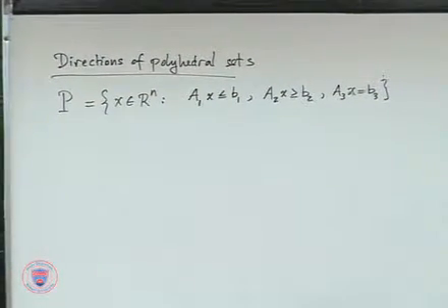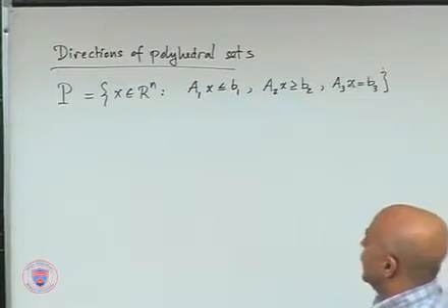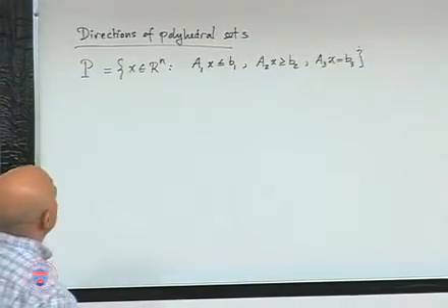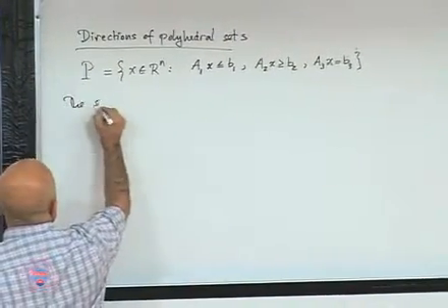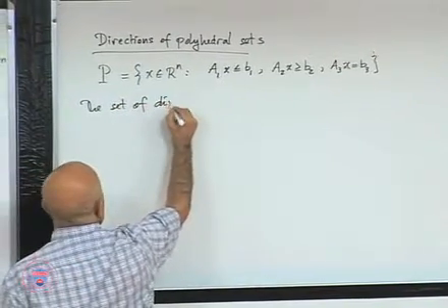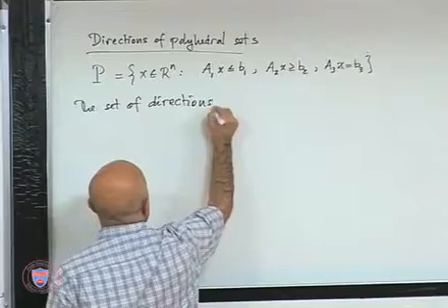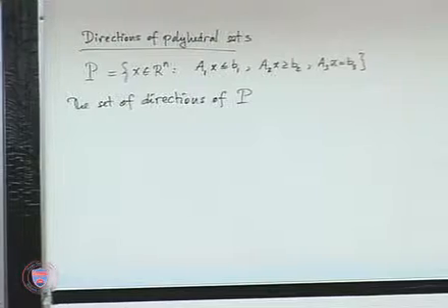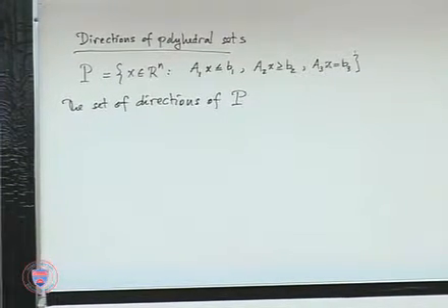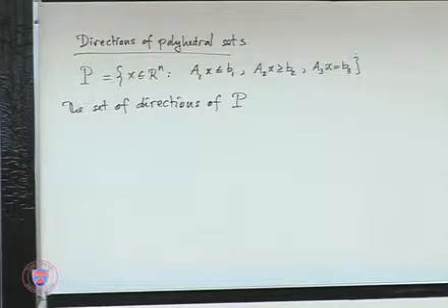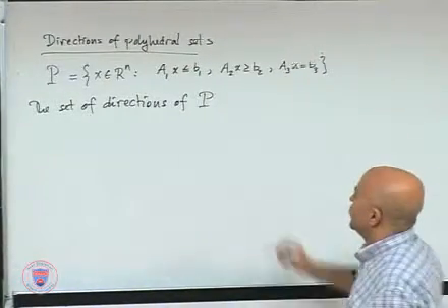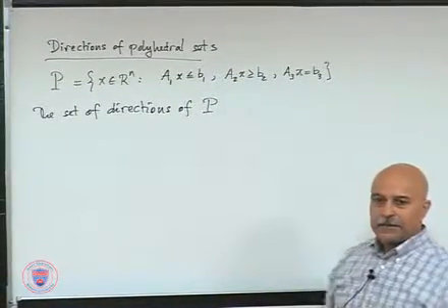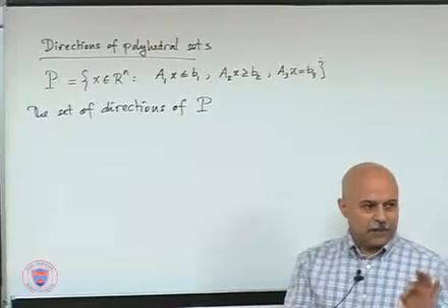All right, so in this case, the set of directions of P can be identified through the use of these matrices. All you have to do is replace the vectors B1, B2, and B3 by the zero vector of the same size.